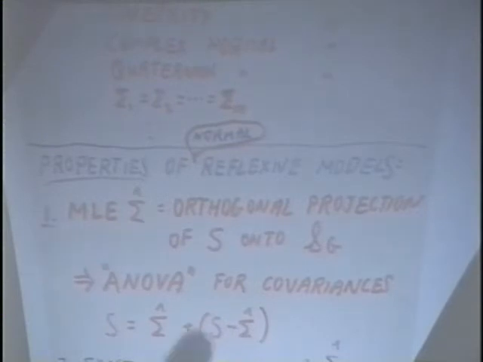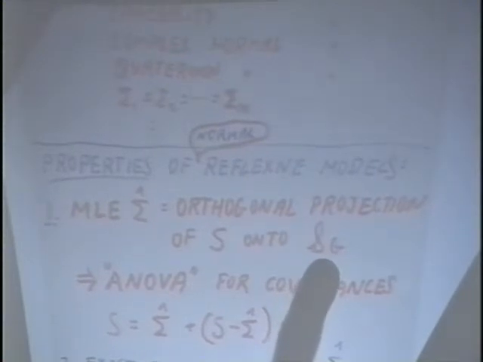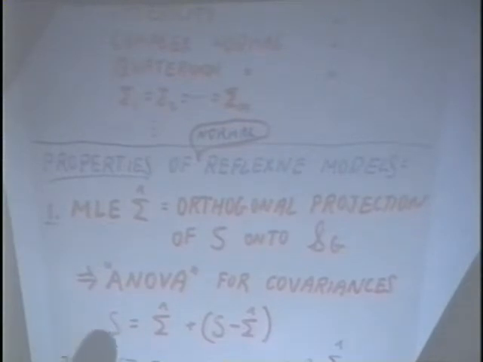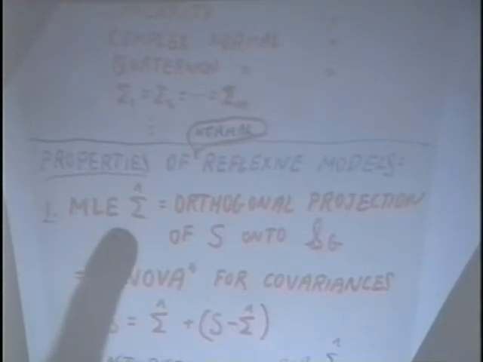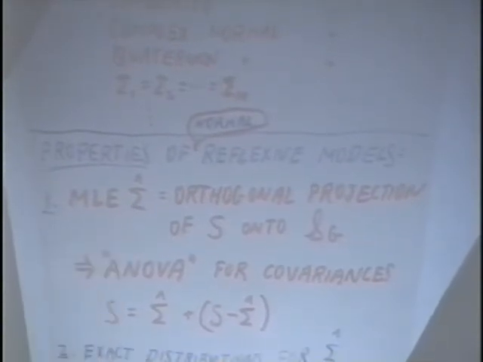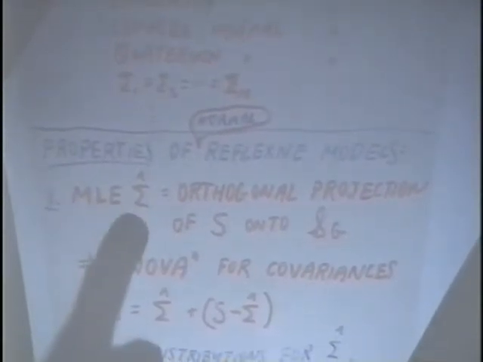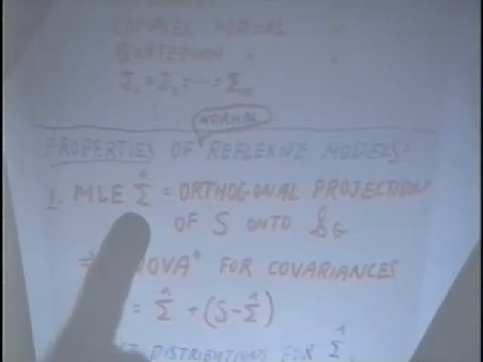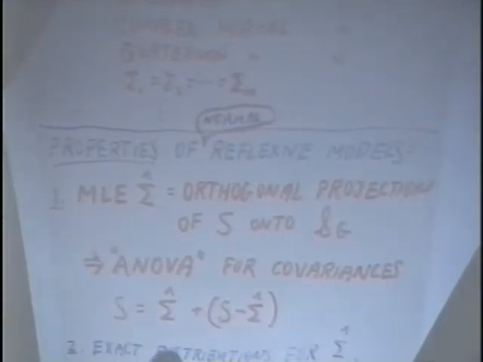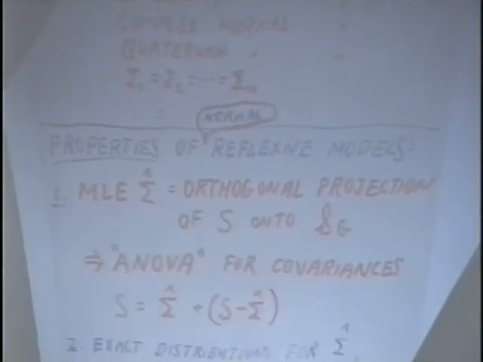The maximum likelihood estimator sigma hat is simply the orthogonal projection of the covariance matrix S onto the set of symmetric matrices satisfying the G condition, where the key is the orthogonal projection. MLEs of means are orthogonal projections we're familiar with. In group symmetry models, MLEs of covariances are orthogonal projections, which leads to an analysis of variance of a sort for covariances.